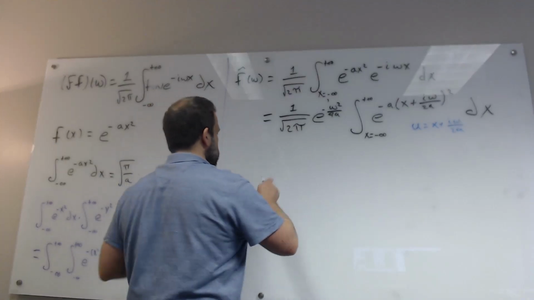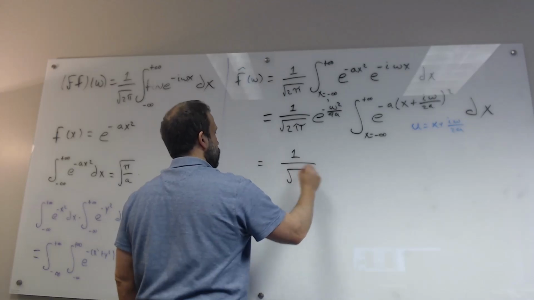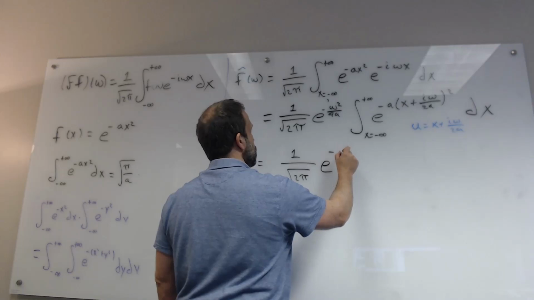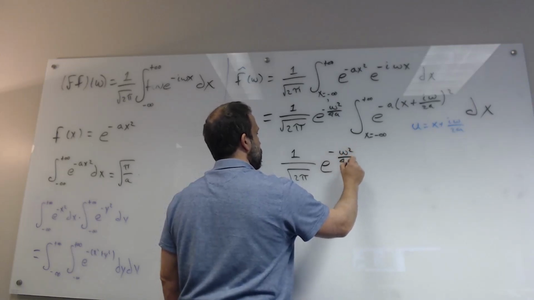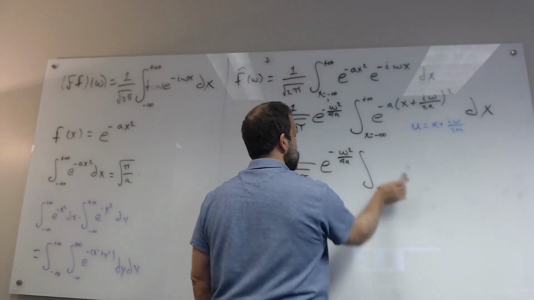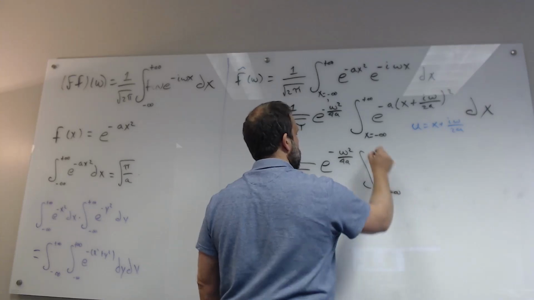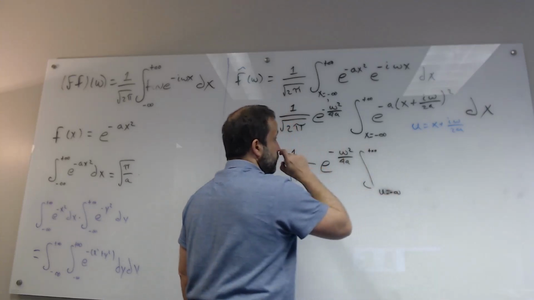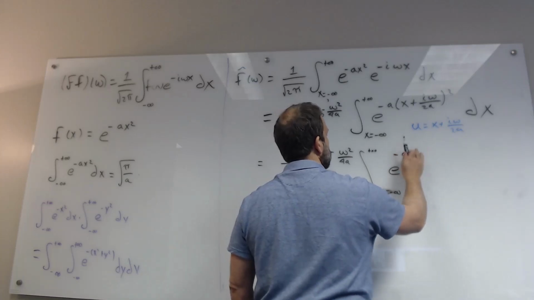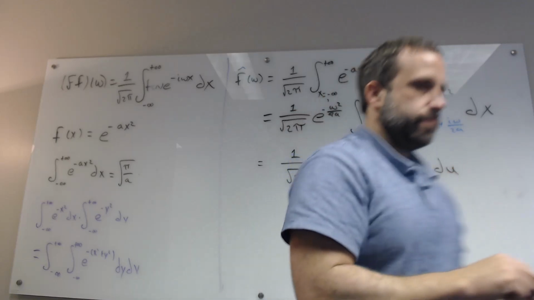This is equal to 1 over the square root of 2 pi times e to the minus omega squared over 4a. The limits are going to be the same, but they're u now. u going from minus infinity to positive infinity, e to the minus a times u squared, du.